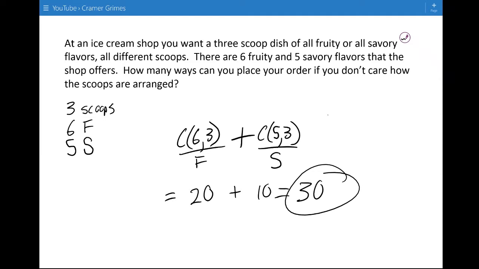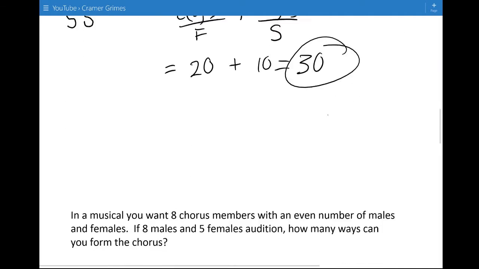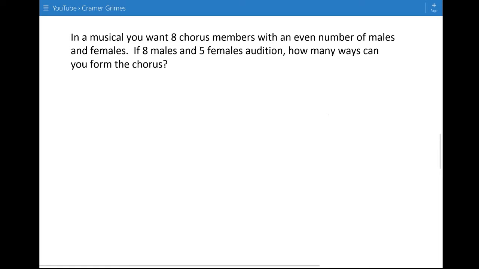Let's look at a similar problem, but for this one, it would not be using or, we would be using and. So here, in a musical, you want 8 chorus members with an even number of males and females. If 8 males and 5 females audition, how many ways can you form the chorus?